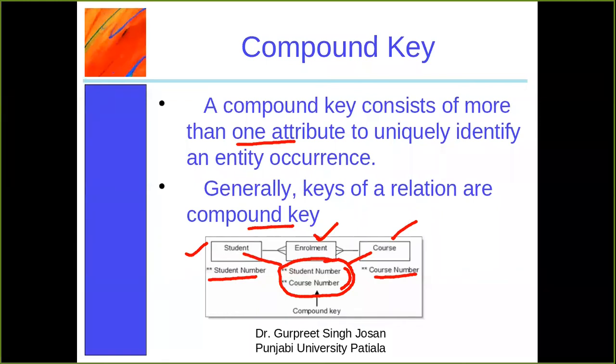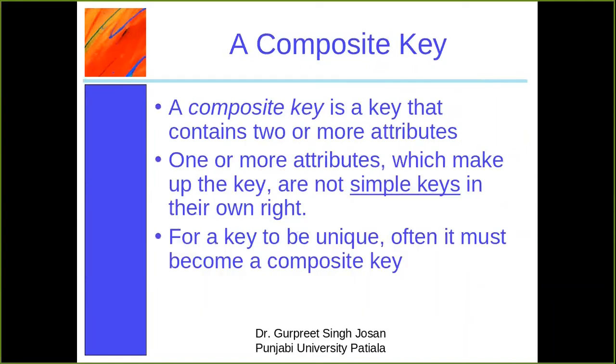For example, in the enrollment relationship, participating entities are student as well as course. We will get the primary key from the student, get the primary key from the course, and combine these two keys to make a compound key for the relation enrollment, to represent the relation enrollment.